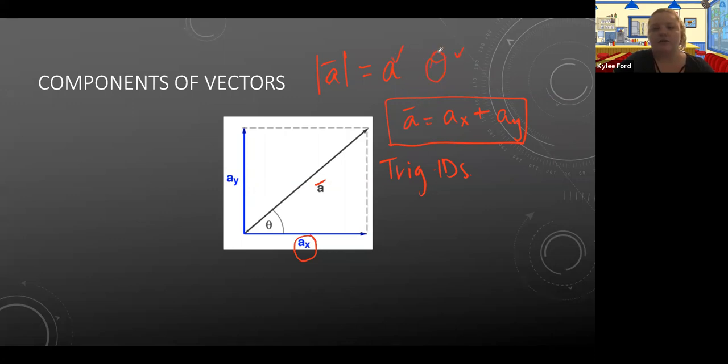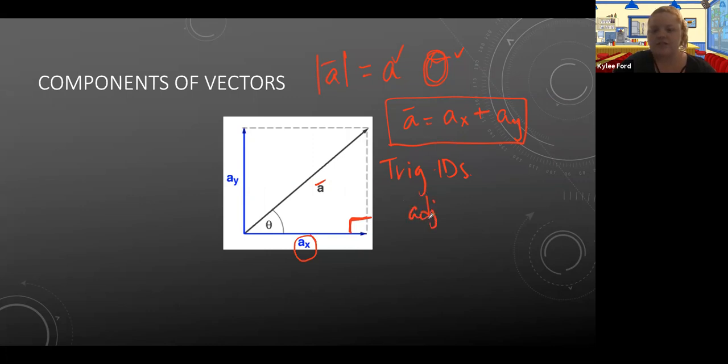If those two things are known, I can solve for my AX and my AY. So first with my AX, how am I going to find it? I know that one of them is going to be my adjacent, and one of them is going to be my hypotenuse. Remember, the long length of the triangle is our hypotenuse, and we're looking at this right triangle here.